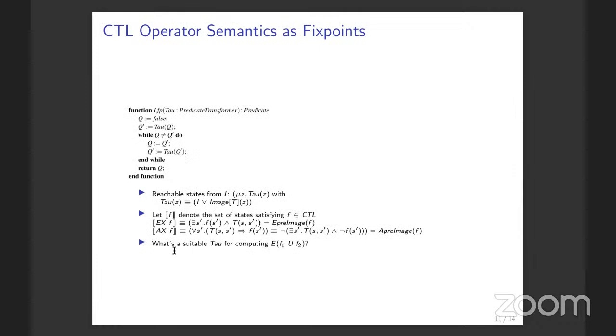Now, the first thing that we will look at is what's a suitable tau for computing E of F1 until F2, characterizing it as a fixed point. So we'll start with F1 until F2.